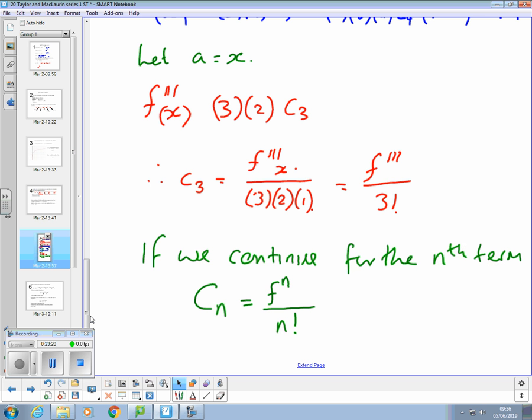We know that the constant is equal to the nth differential of that function divided by n factorial. All that means is the value of the differential at whatever a is. It's not the function of x, it's the differential evaluated at the value a.